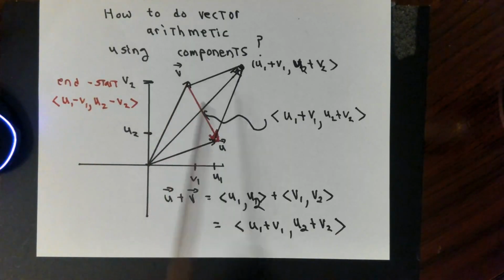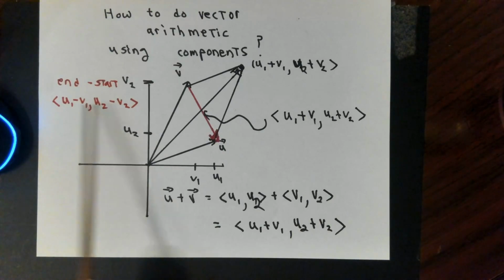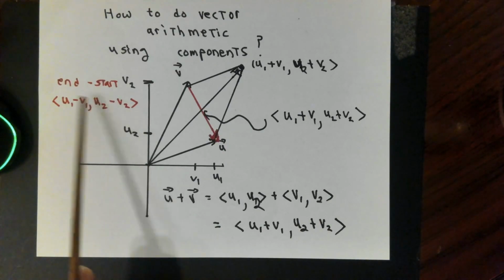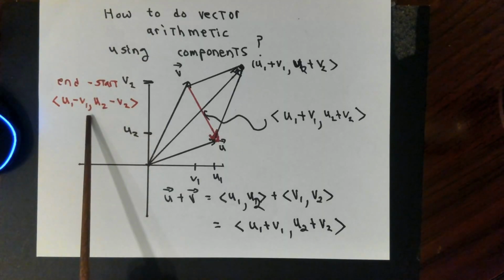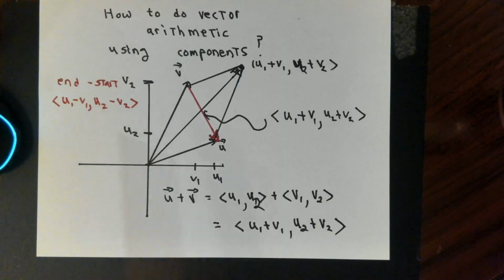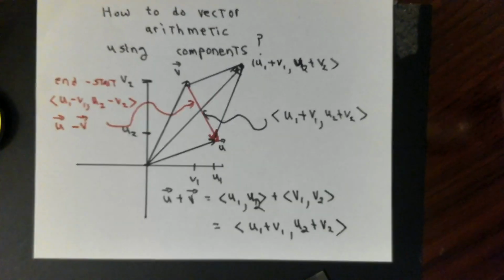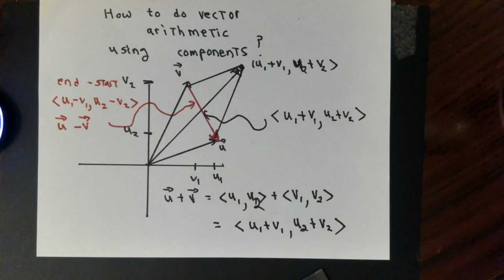The start has coordinates v1 and v2, so the end minus start thought produces this vector. Comparing against what happened before, there's a natural name that we would give to this vector. We will call it u minus v.